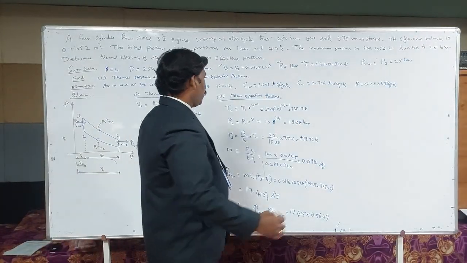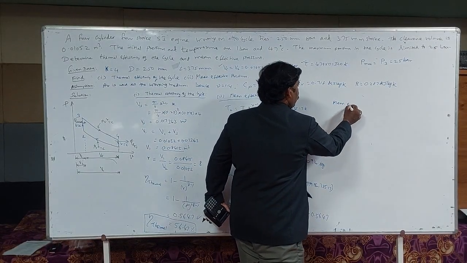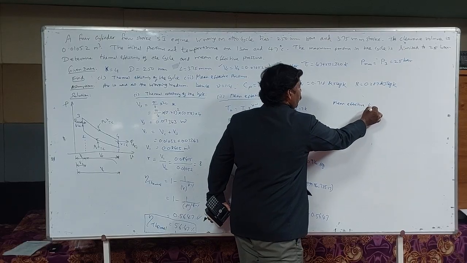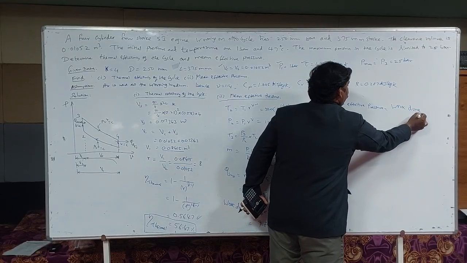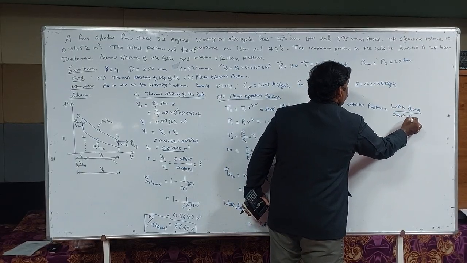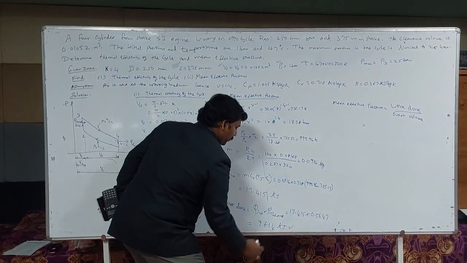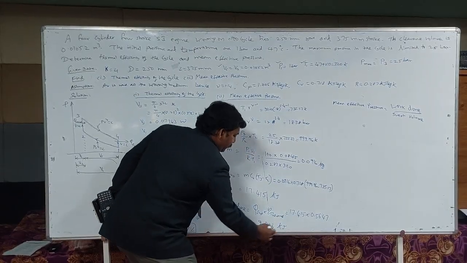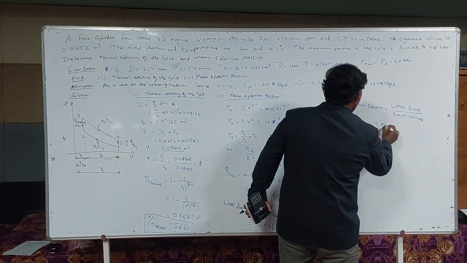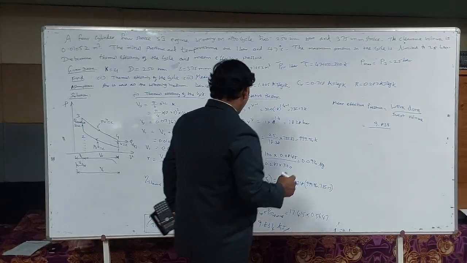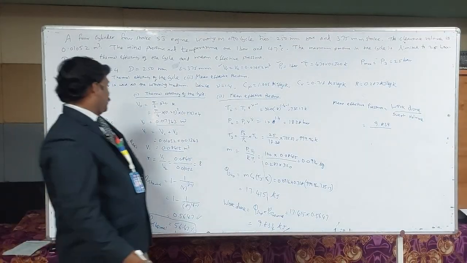And then I have to find out the mean effective pressure. The mean effective pressure is equal to work done by swept volume. Work done is 9.834 kilojoule, divided by the swept volume, which we have found here as 0.07363 meter cube.